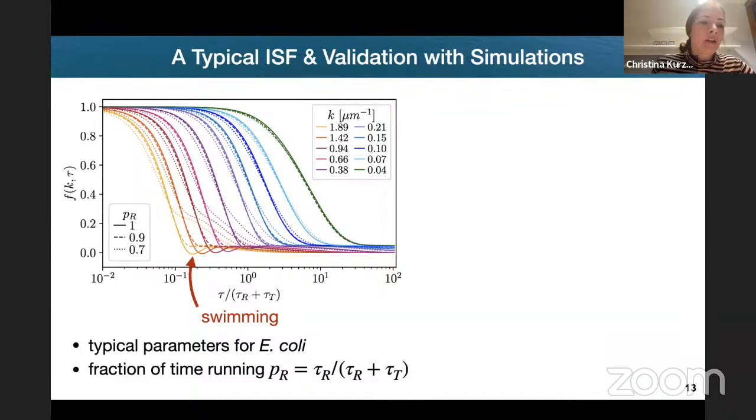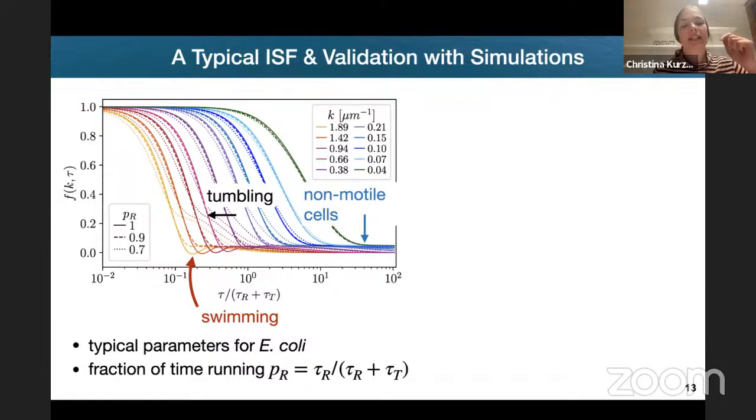Now if cells actually need some time to tumble, we start seeing plateaus. If you see a plateau, and even some hint of oscillations, that's a fingerprint that the cells are tumbling. And at long times you might see that there's still a plateau, which accounts for all the non-motile cells present in the sample.